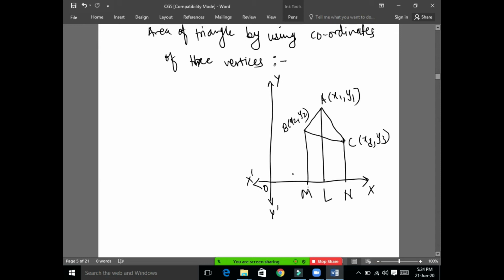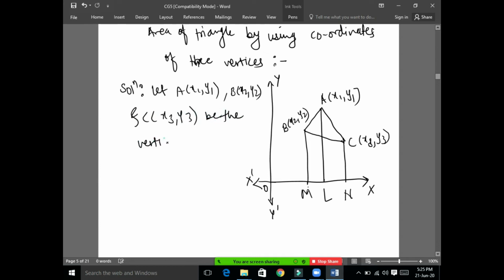The area of ABC can be found by using the trapezium, because here trapeziums are formed. So let us first write down whatever we have taken in this figure. Let A of (x1, y1), B of (x2, y2) and C of (x3, y3) be the vertices of triangle ABC.